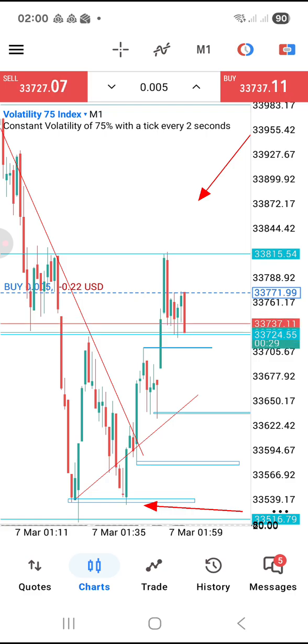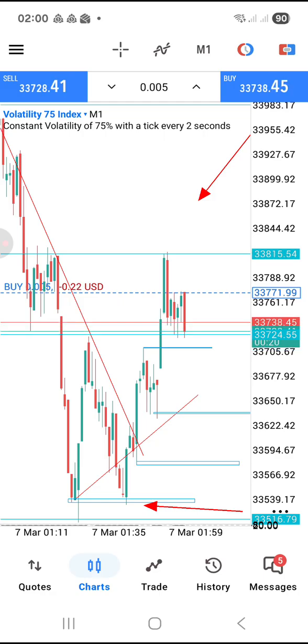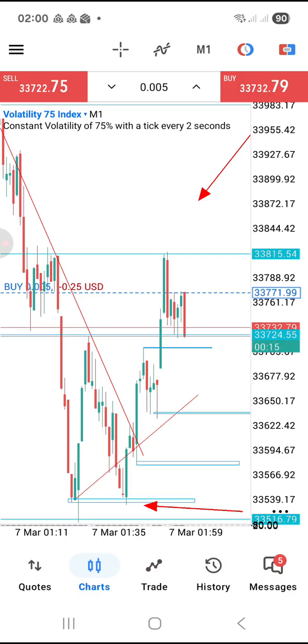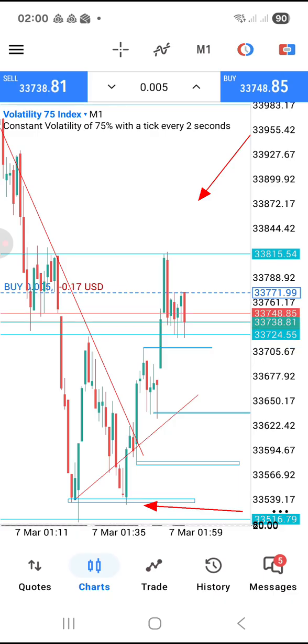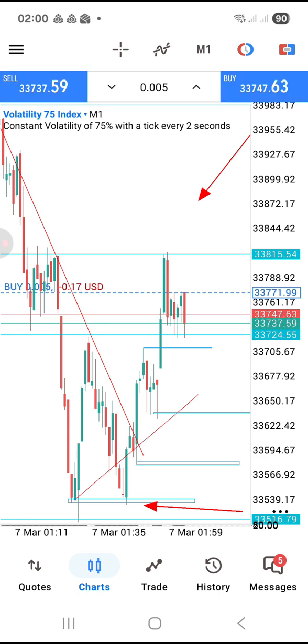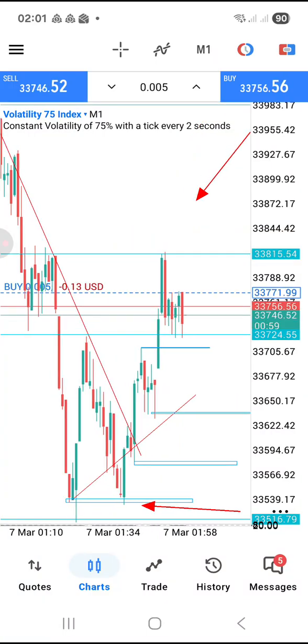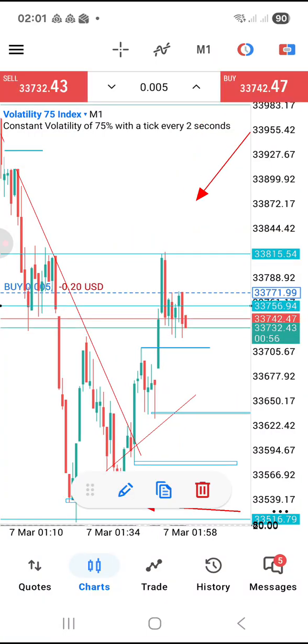That was too early. So because it's too early, we may not take a second trade. But now it's retesting the low. It was a double bottom. This has happened. This is a bottom already.